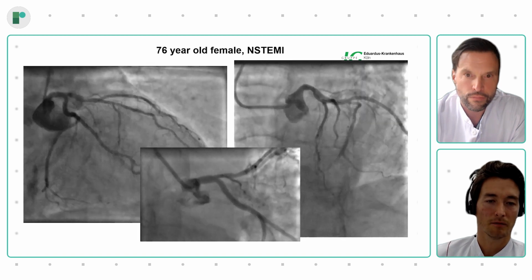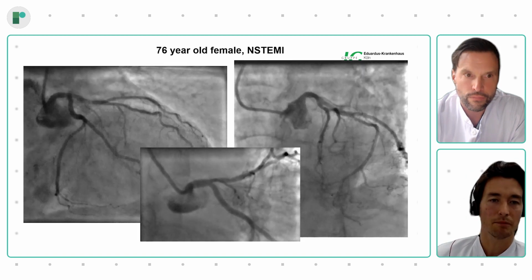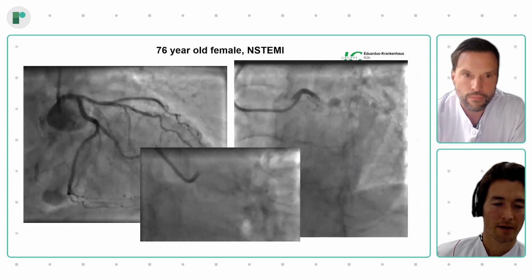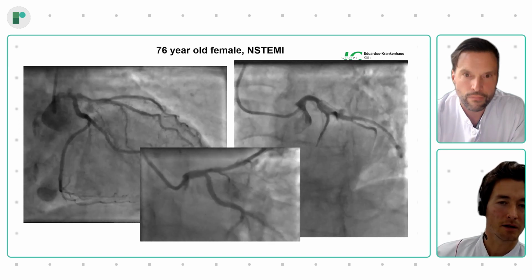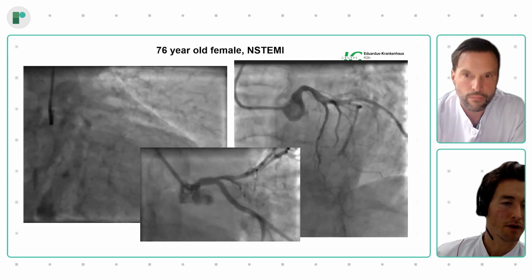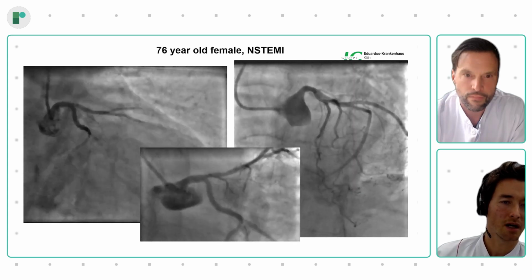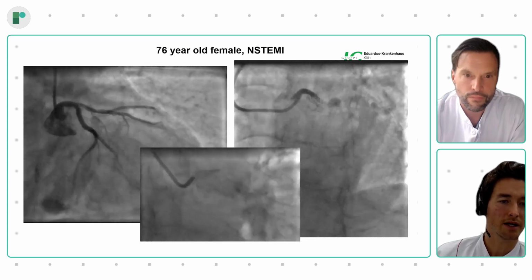Okay, so more examples. This is a 76-year-old female with NSTEMI. You can see a very normal circumflex artery, obtuse marginal branch.